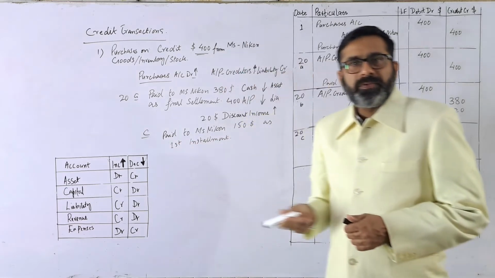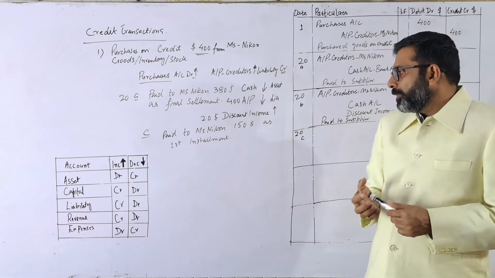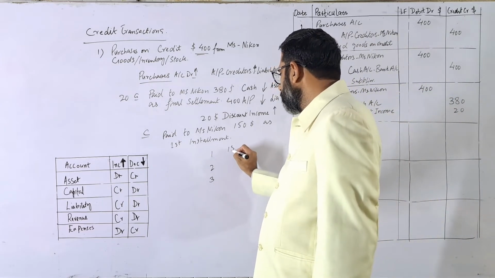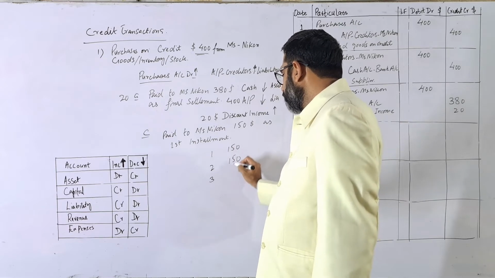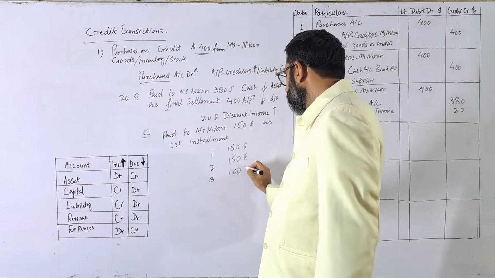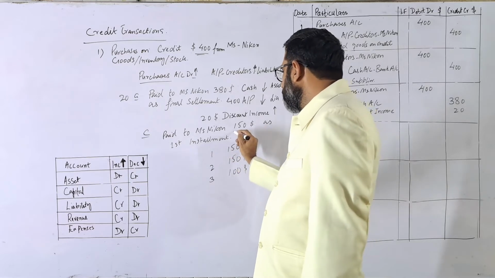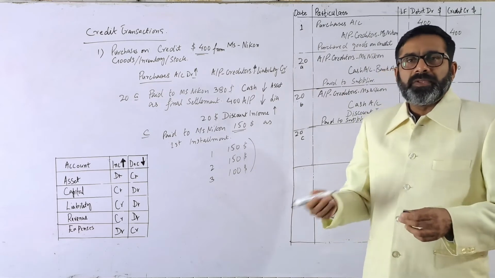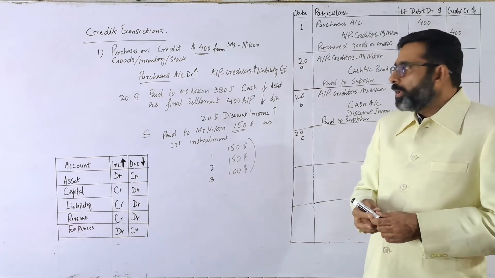You have negotiated with the supplier and they say, okay, no problem, this is the first installment, the second installment, third installment, like you are paying $150 first, $150, then $100. Okay, so after 20 days you are paying the first installment. So these are the installments you have agreed with the suppliers, and they are saying okay, no issue with that.